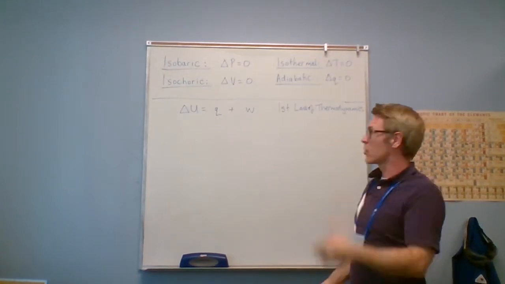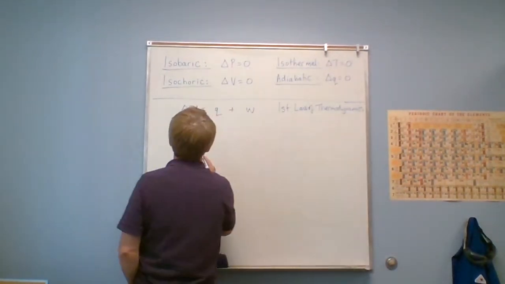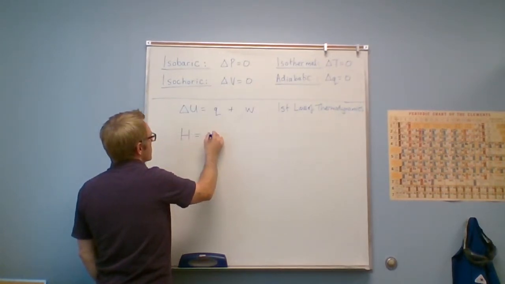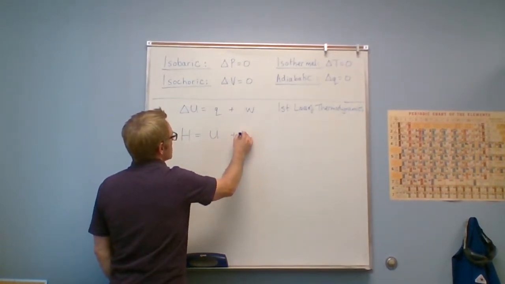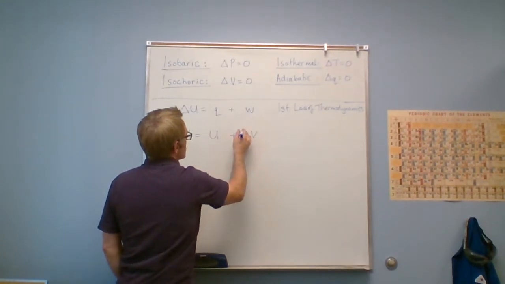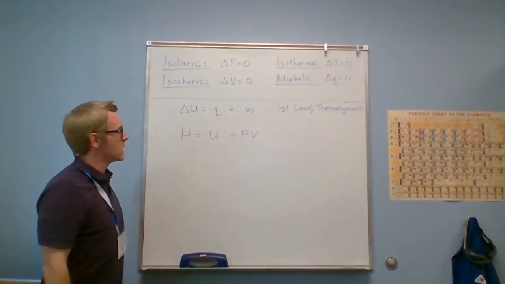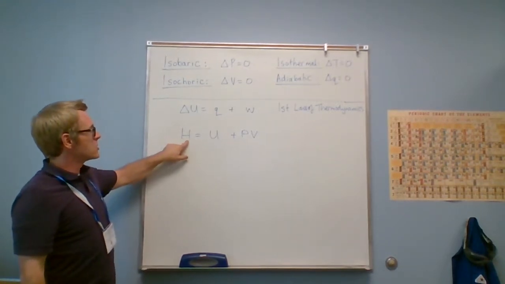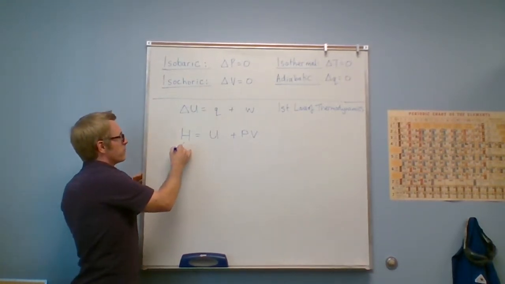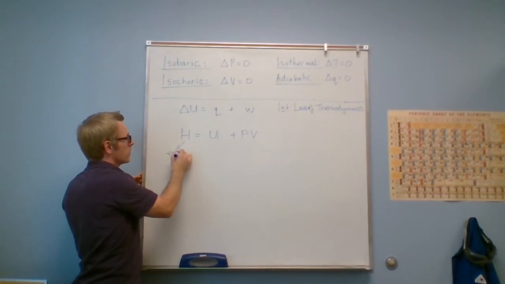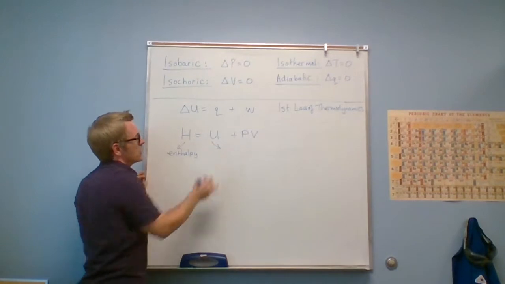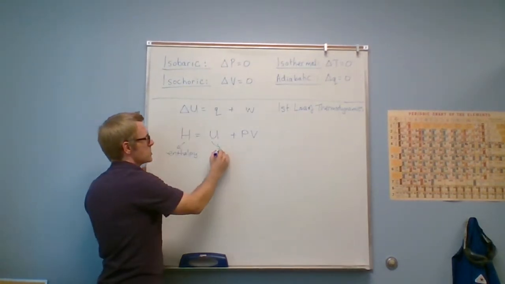There's also another equation that's very similar, and that is H is U plus PV. So these are both fundamental equations that I would commit to memory. That would be my suggestion. H is called enthalpy. We've seen U before, it's internal energy.